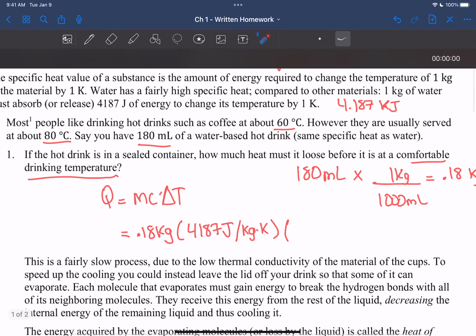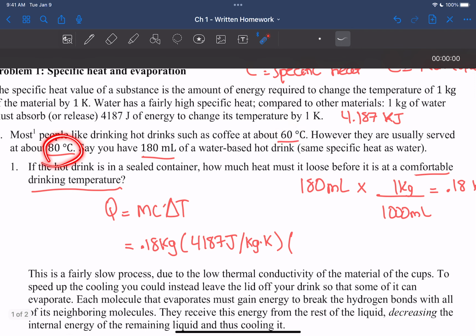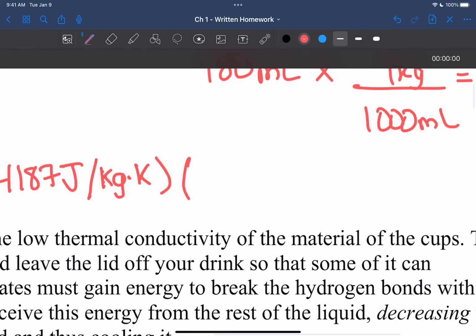Now, if you notice, 60 degrees Celsius minus 80 degrees Celsius is negative 20 degrees Celsius, the same exact difference between the two temperatures, just because the Kelvin scale is merely a shifting over of the Celsius scale. So you can take that difference in temperature, negative 20 degrees Celsius, and say, okay, it's negative 20 Kelvin.